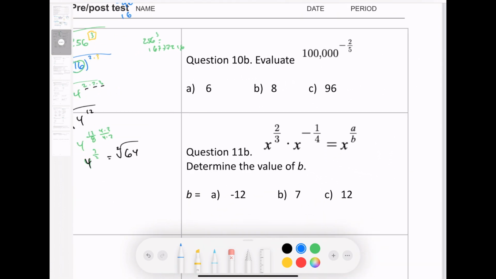10B. 100,000 to the negative 2 to the 5th root. And the negative just means that it goes in the denominator. Okay, so 100,000 is 10 to the 5th power.